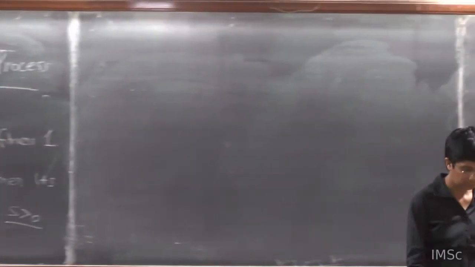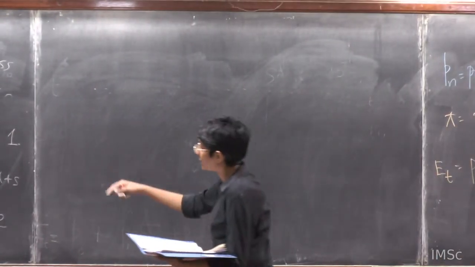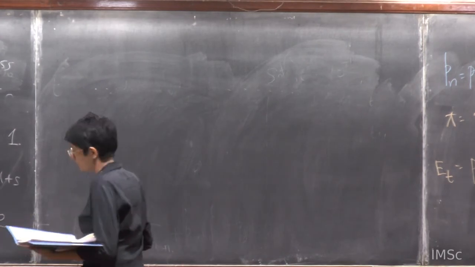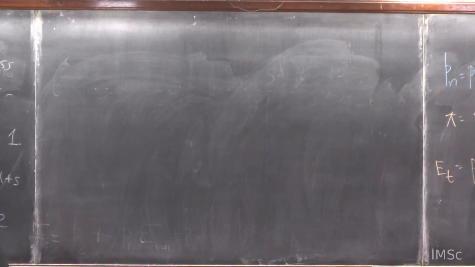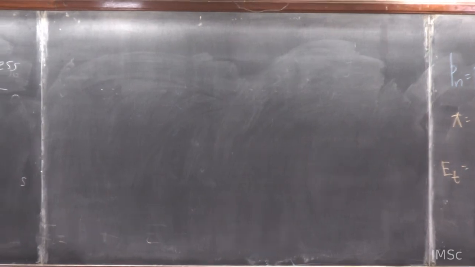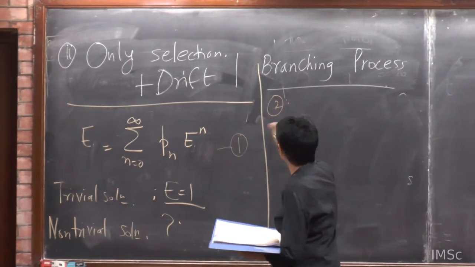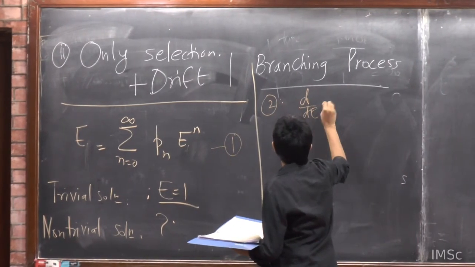So let's look at our equation again. It's useful to take, first of all, this is equation number 1. And I need one more equation, which is simply a derivative of it. Let's take a derivative with respect to E on both sides.